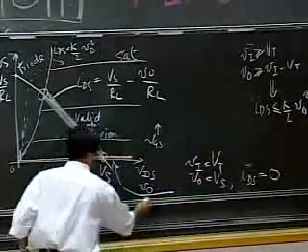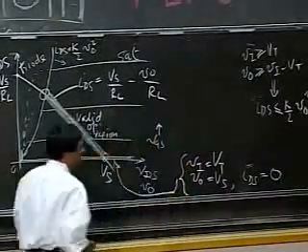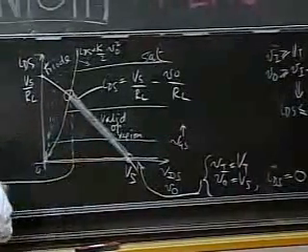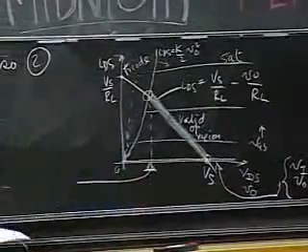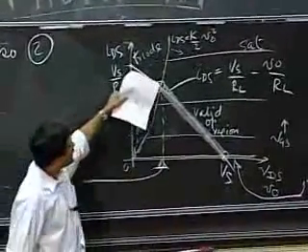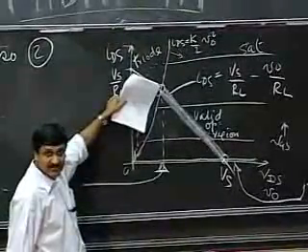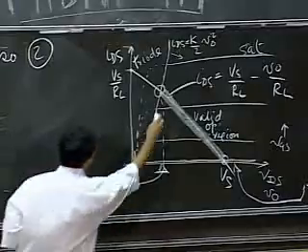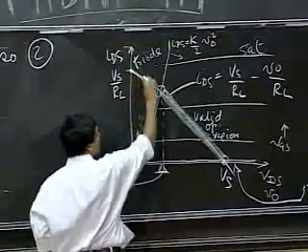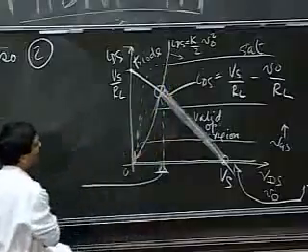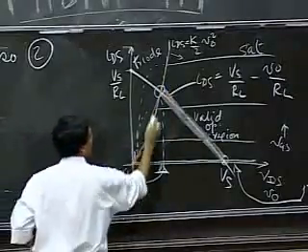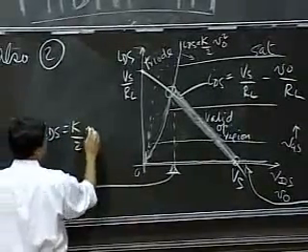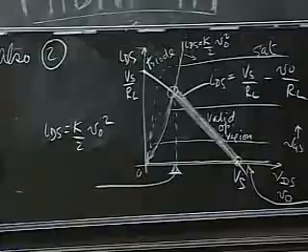Okay? So that's one point. And let's find out what this other point is. At that point, I get my output just entering the MOSFET triode region of operation. And notice that this point is the intersection of two curves, this curve and this line. This curve is given by IDS equals K divided by 2 times V naught squared.